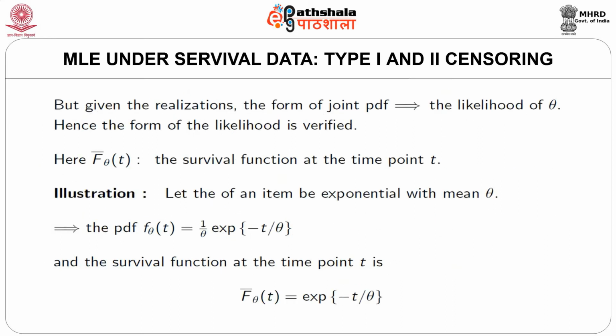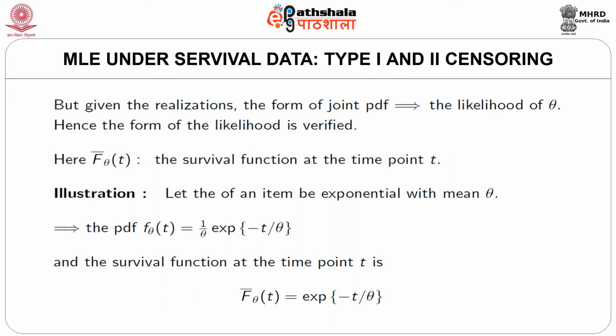But we know that given the realizations, the form of the joint PDF serves as the likelihood of theta. Hence, the form of the likelihood is verified. Here, capital F bar theta at the point t is the survival function at the time point small t. Now, let us consider the following illustration.